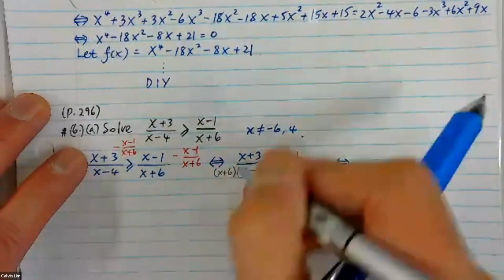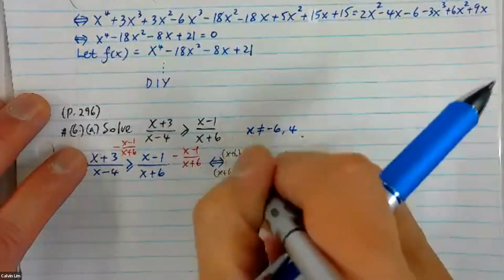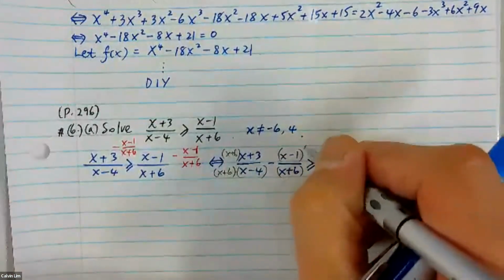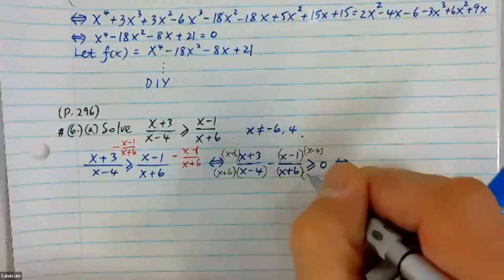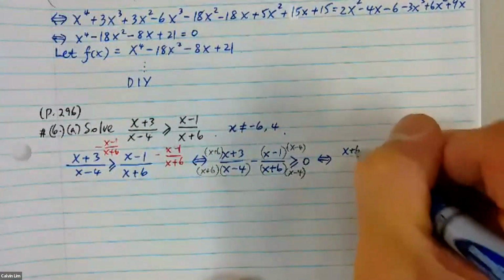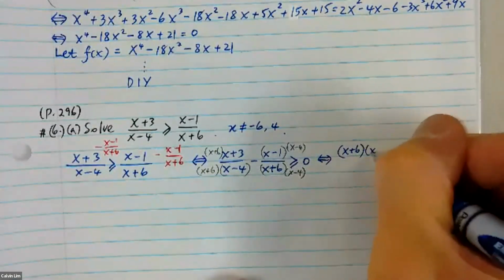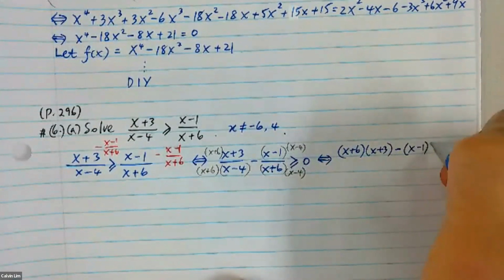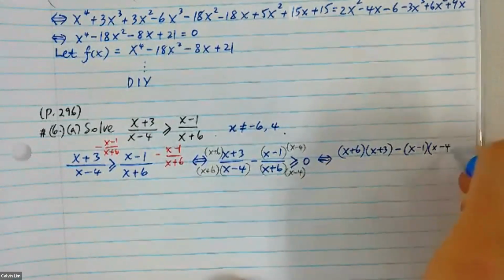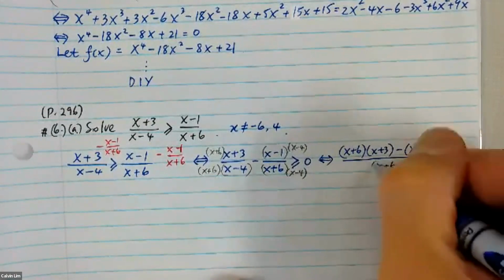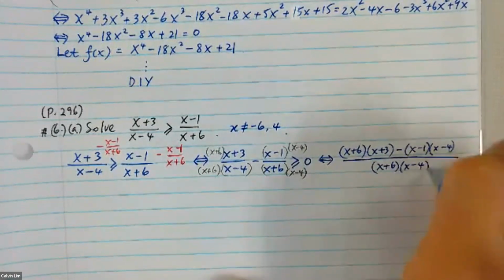I can multiply the first fraction by (x + 6)/(x + 6), and the second fraction by (x - 4)/(x - 4). So the inequality now is [(x + 3)(x + 6) - (x - 1)(x - 4)] over (x - 4)(x + 6).